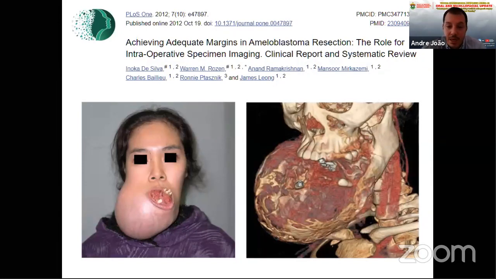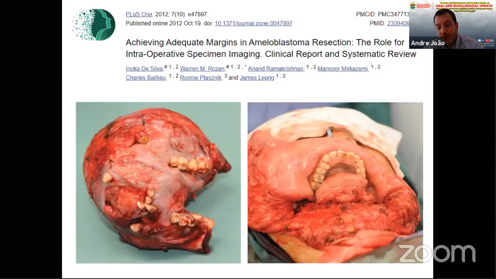That's not my reality. You can see a big tumor like this. The authors did a huge resection of the mandible. You can see here, really, really huge.